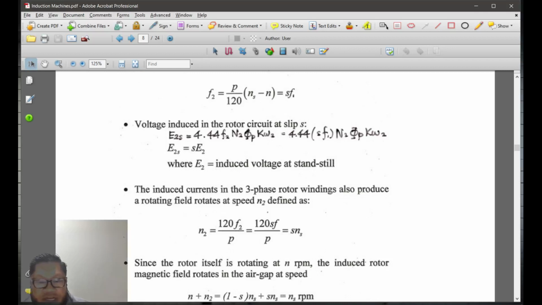Okay, and so the induced current in the three-phase rotor is also produced. A rotating field rotates at speed N2. Remember, the current is also induced in the rotor, so that current also produces a rotating magnetic field. Not only the stator produces a rotating field, the rotor also produces a rotating magnetic field, and the speed is N2.